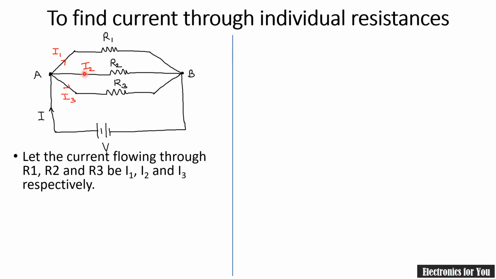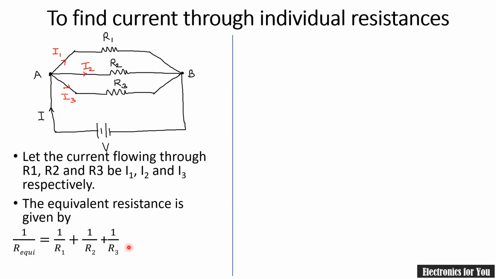Here I1, I2 and I3 are the currents flowing through R1, R2 and R3 respectively. We know that 1 upon R equivalent is equal to 1 upon R1 plus 1 upon R2 plus 1 upon R3. By Ohm's law you can calculate the current: I is equal to V upon R, but R here is the total resistance, which is R equivalent.